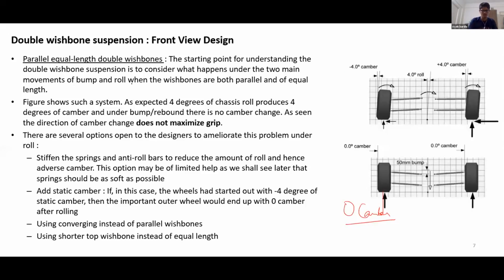So this is what is actually written in all these words over here. I'm just explaining it. It does not maximize grip, but it actually goes in the opposite direction, right? So we have a perfect situation in acceleration and braking, okay, that's the perfect situation.